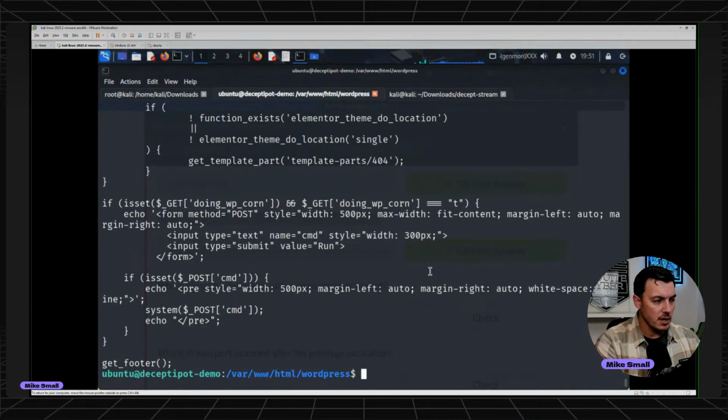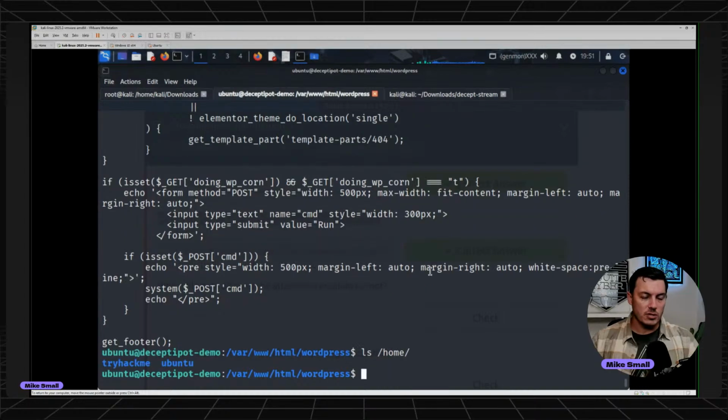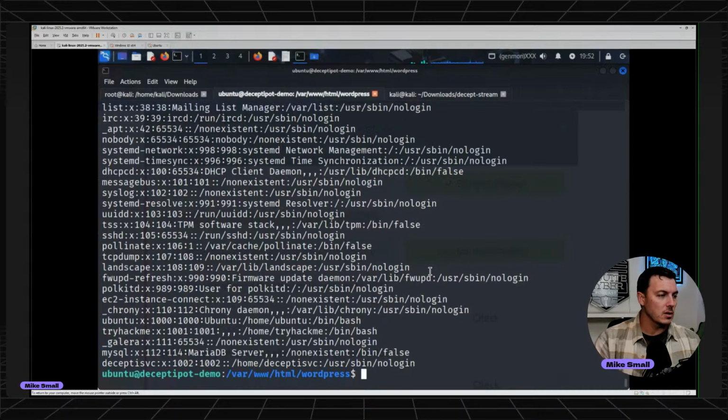So we can say ls /home, and we can see it's just Ubuntu, it's just TryHackMe. The web server isn't running as any of these accounts. They're probably running under like Apache or something like that. So if we look at cat /etc/passwd, we can see all the accounts in here. Or it could have been running as this, actually.